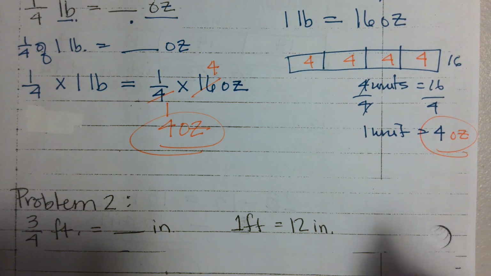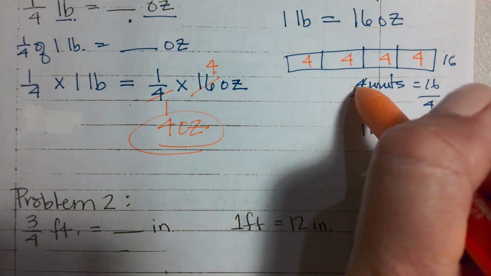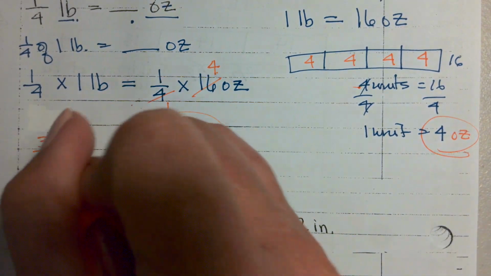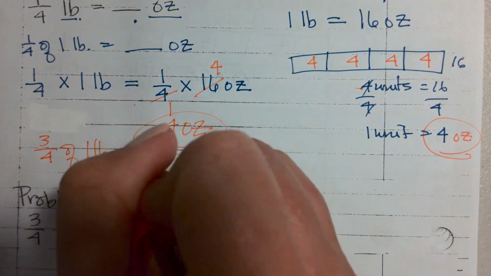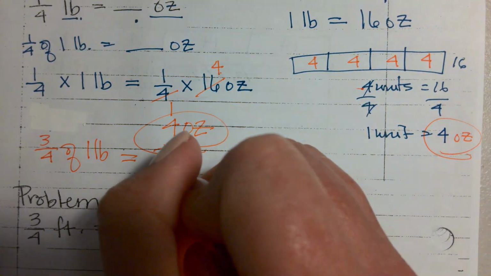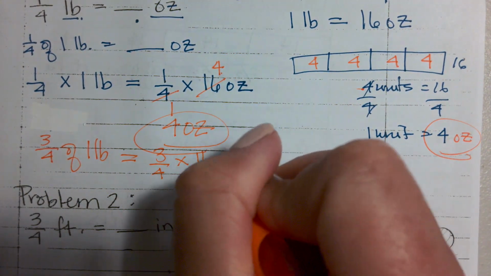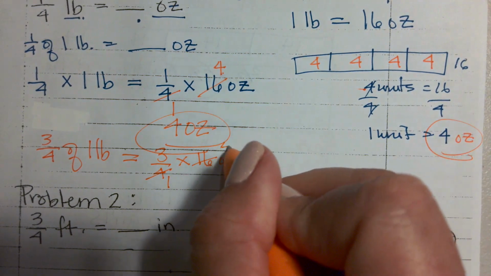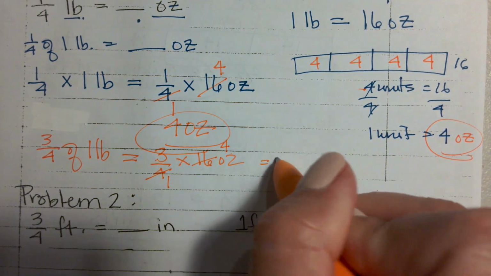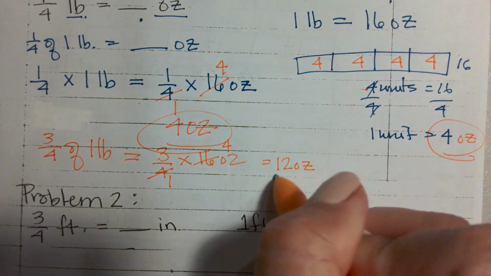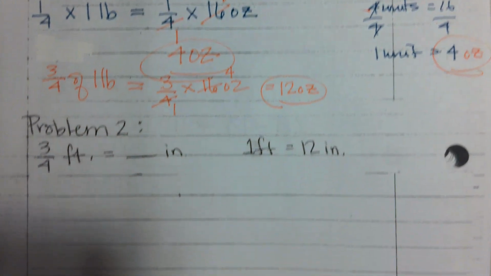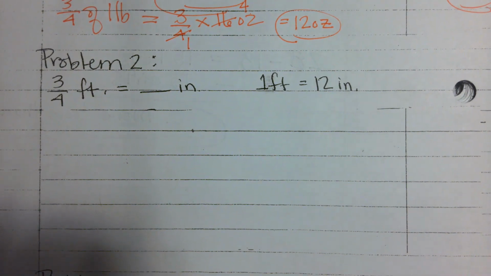So if I wanted 3/4 of a pound, if I change that to 3/4 of 1 pound, it would be 3/4 times 16 ounces, right? And then 4 goes into 4, 4 goes into 16. That would give you 12 ounces. You see how I did that? All right, moving on, problem 2.